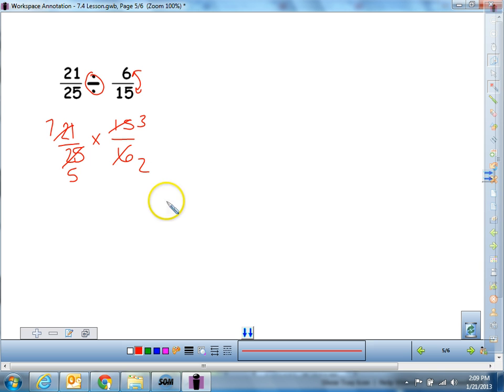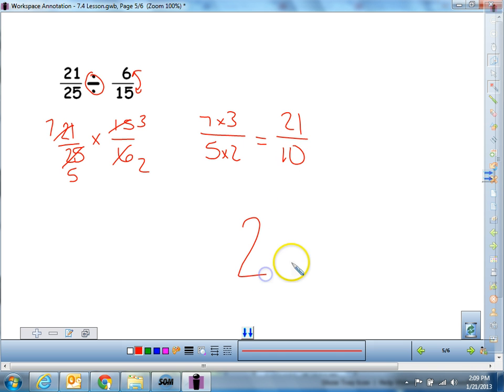I can't do anything more, so I'm going to take 7 times 3 and I'm going to take 5 times 2 to equal 21 over 10. Now I want to simplify it back into a mixed number. 10 can fit into 21 2 times. I have 1 left over, and 10 is my original denominator. So 2 1/10 is my answer.